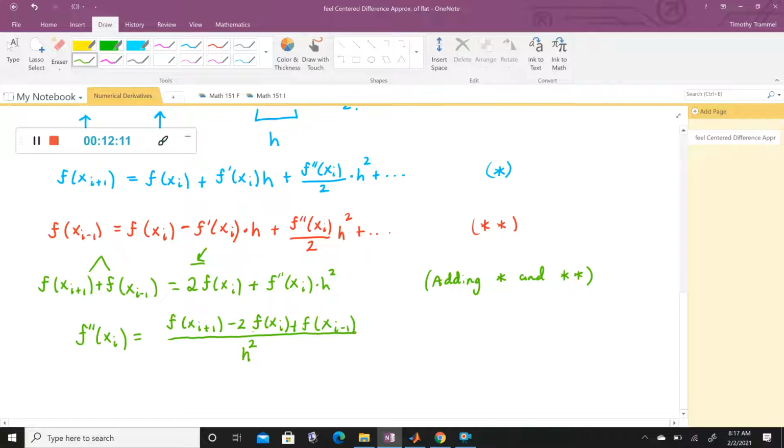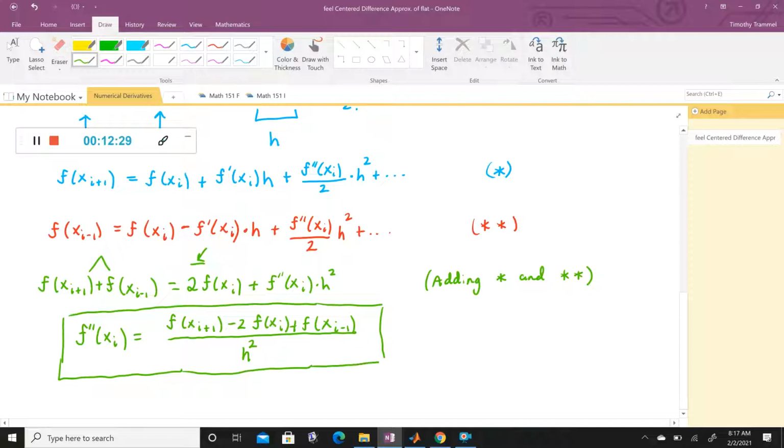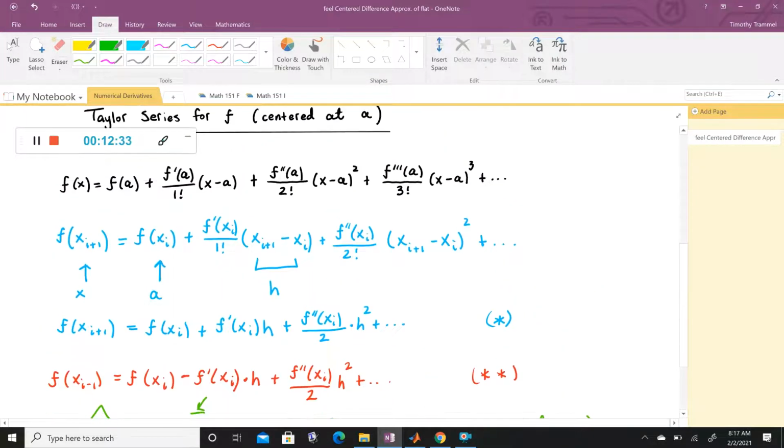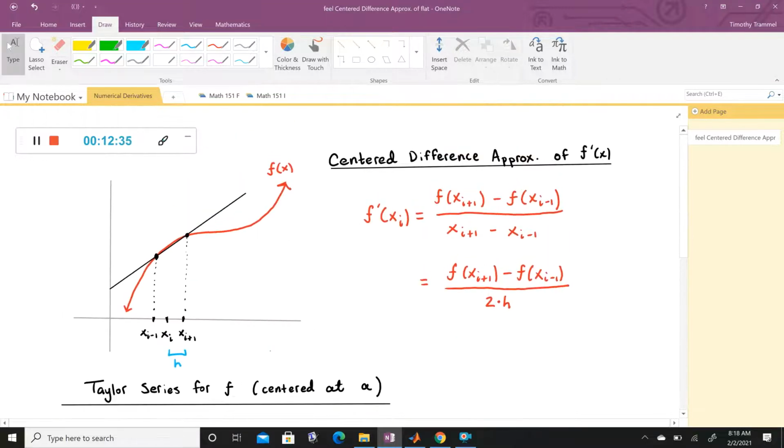And so we will be using this formula here and the one up above for the first derivative. Let me remind you of the one for the first derivative. We got it right there.